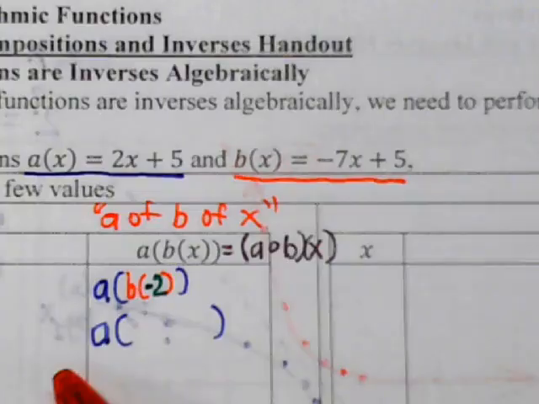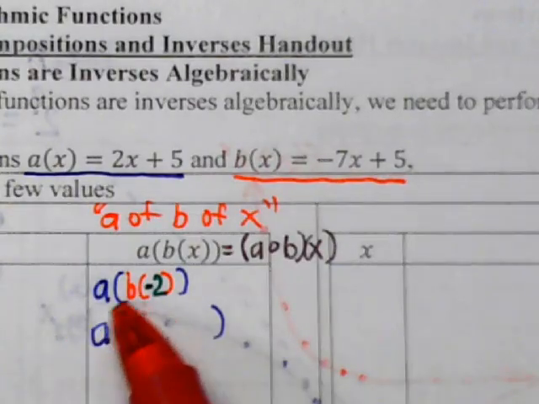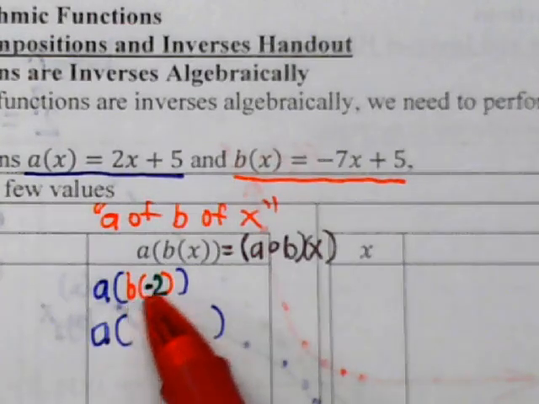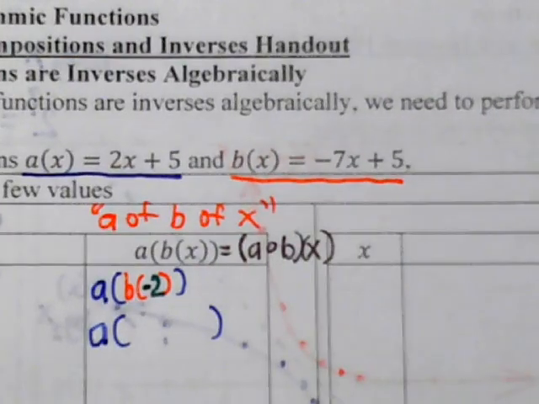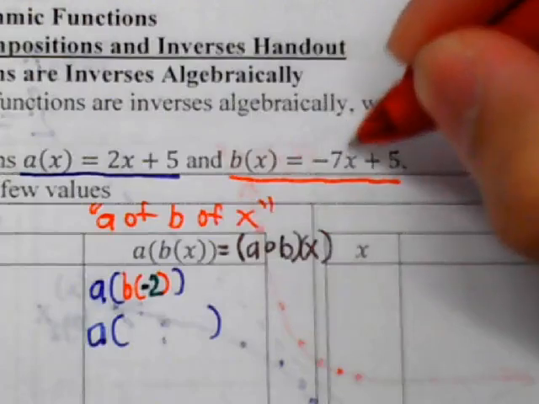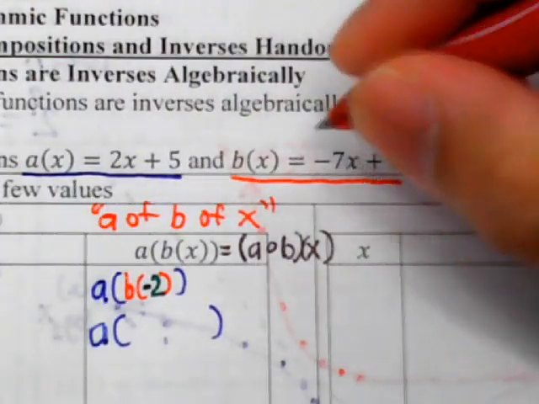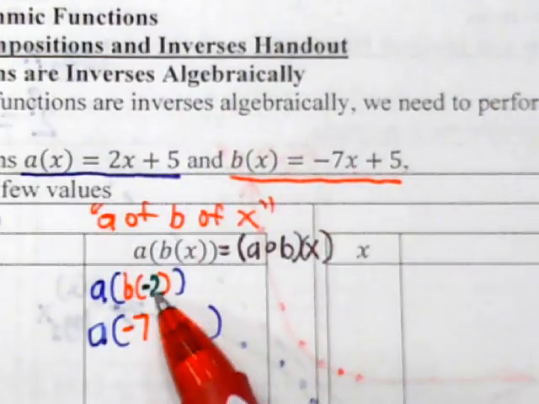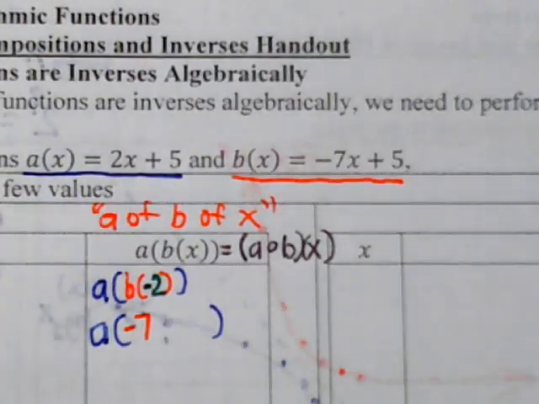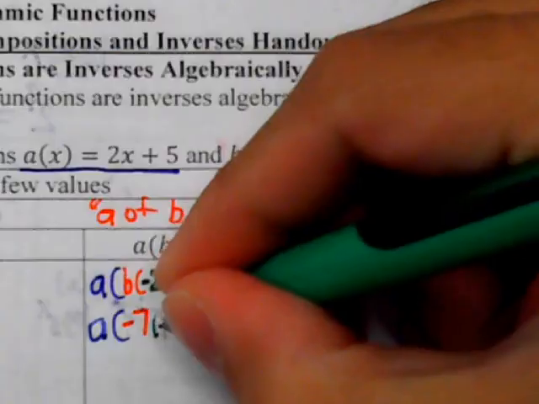Going back over here, we would plug negative 2 in for the x. So keep the negative 7, but x is getting replaced with negative 2. And then after the negative 7x part, we have a plus 5.